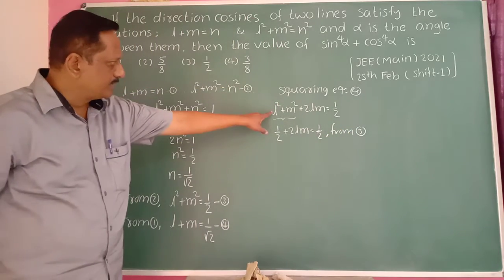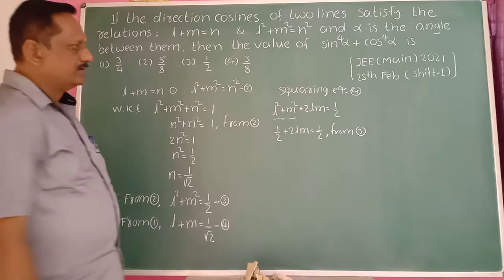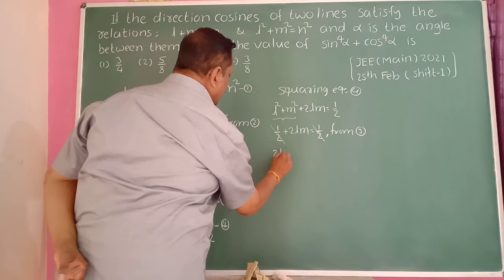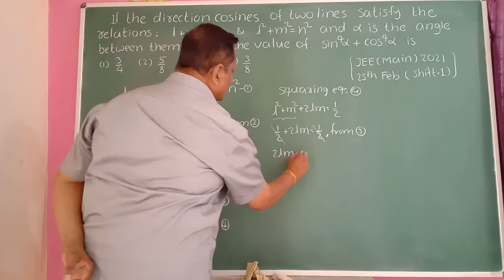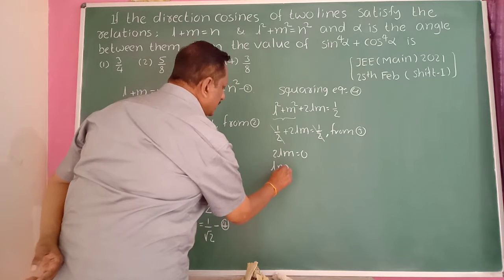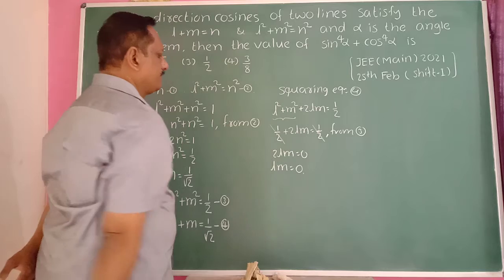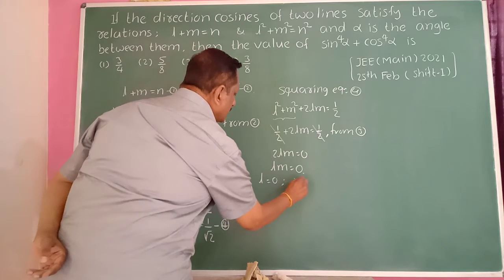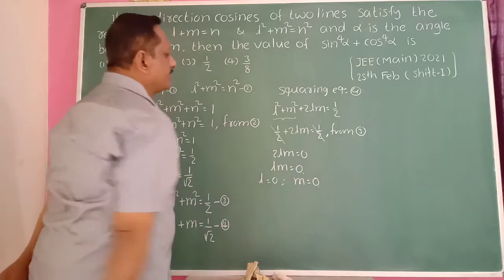Just replace l² + m² by 1/2. Then this 1/2 and that 1/2 cancel. 2lm = 0. Therefore lm = 0, or I can write l = 0 or m = 0.